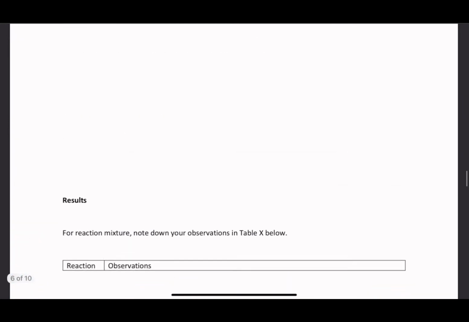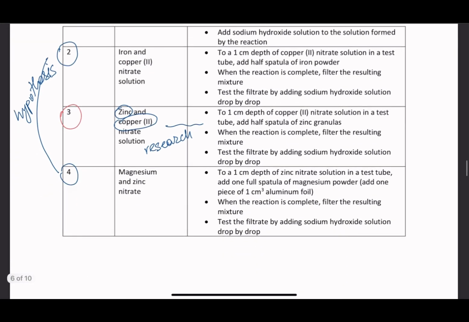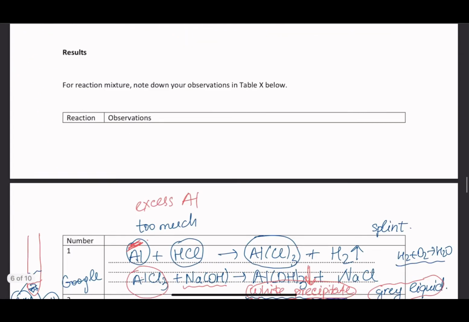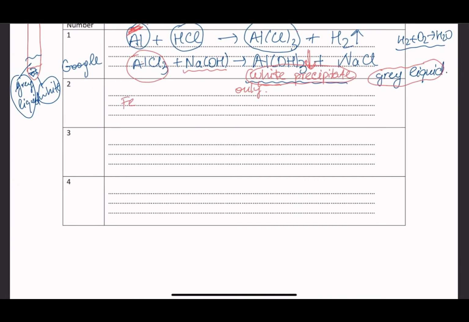Now for the second one, we didn't do this experiment, so you need to just Google it. You need to write down that iron goes into reaction with copper nitrate, giving you iron nitrate and then copper. Then it says filter out the solution.